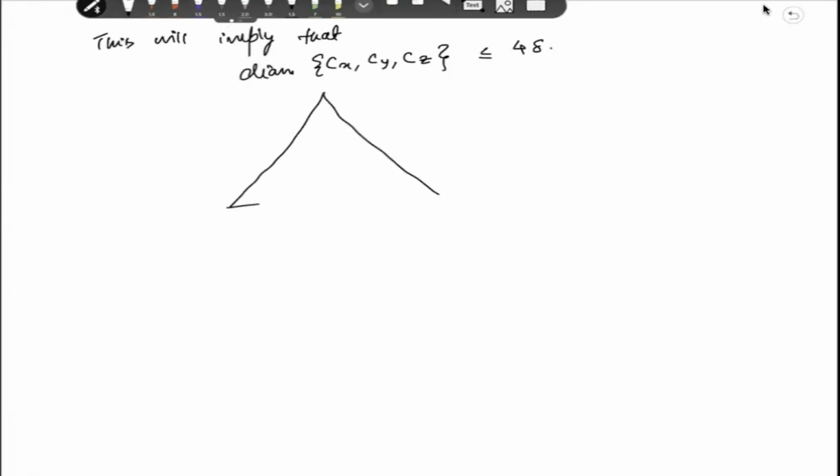We started with this triangle XYZ, and we got these points Cz, Cx, Cy. These distances are the same, and the diameter of the set Cx, Cy, Cz is less than or equal to 4 delta. So that we got.